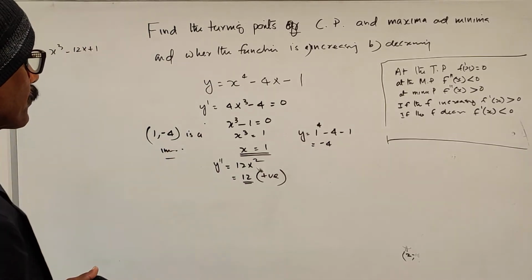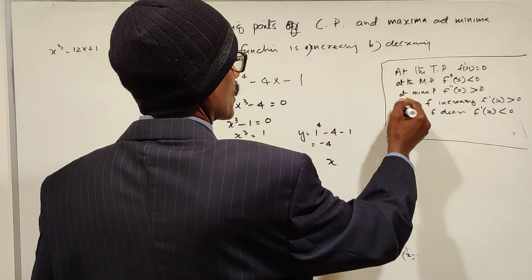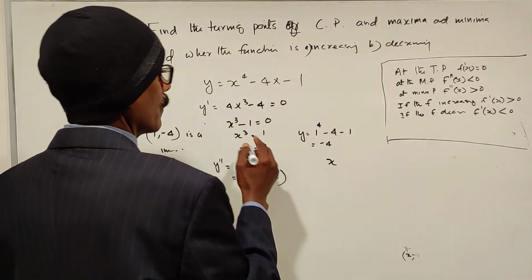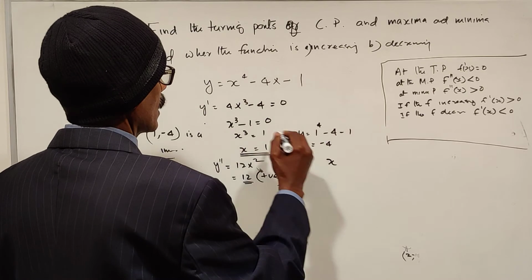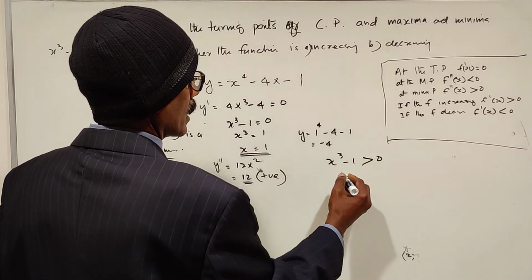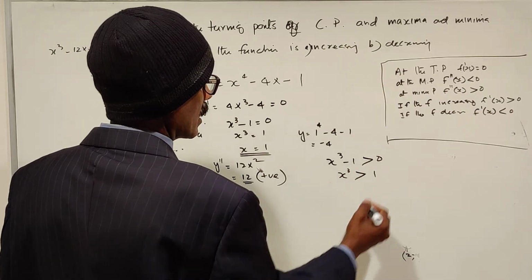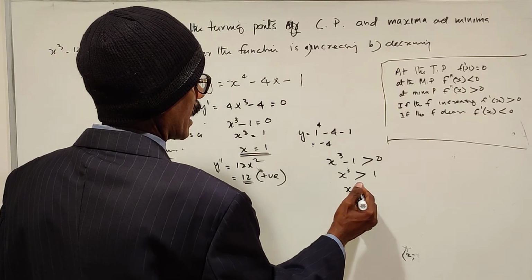Okay, then the last one. Where is the function increasing? That is the question. 4x cube minus 4 greater than 0. X cube is greater than 1. X is greater than 1.